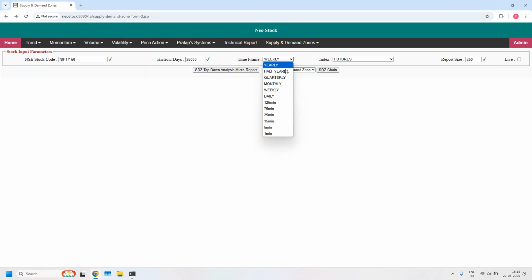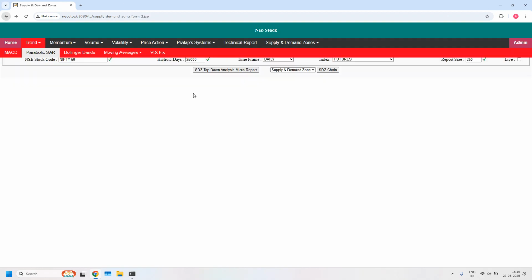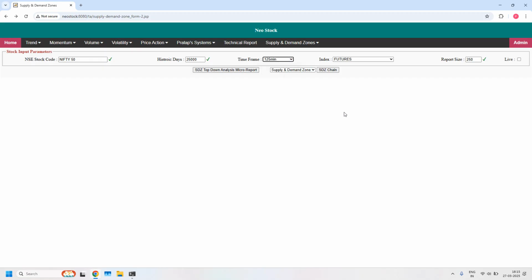Next, generating the daily supply demand zone chain for NIFTY. So this is the daily supply demand zone chain. Next, generating the 125-minute supply demand zone chain for NIFTY.